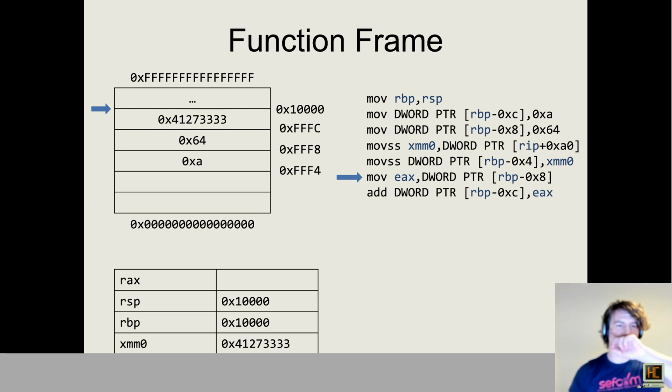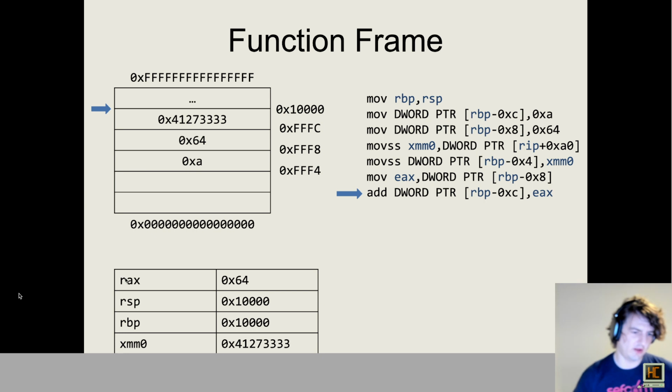The next instruction, we're going to move what's in that register to RBP minus 4, which is FFFC. And then we're going to move what's at RBP minus 8, which is hex 64, into EAX. So the RAX register is now hex 64.